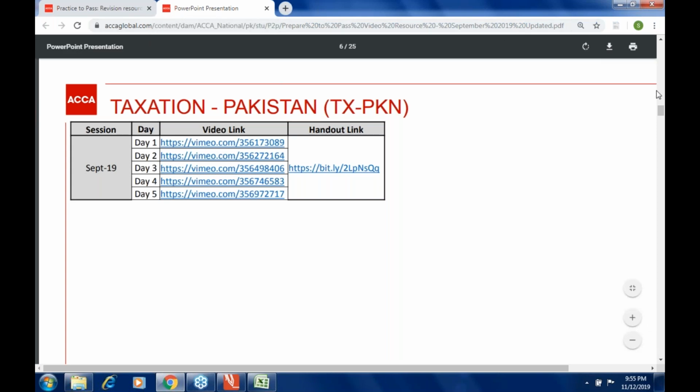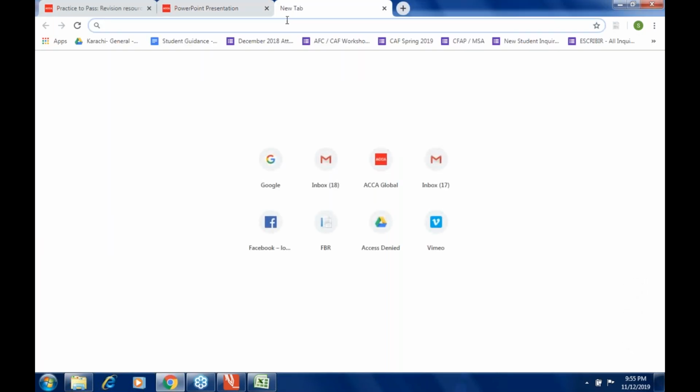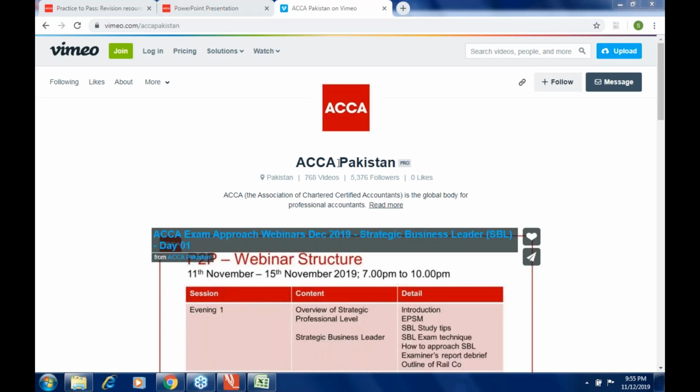If you attend all of these lectures, you will be able, inshallah, to cover the entire syllabus of taxation. Also, I've shared a WhatsApp group, so you will have a link of the WhatsApp group.